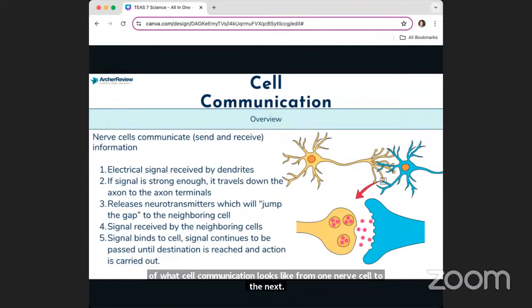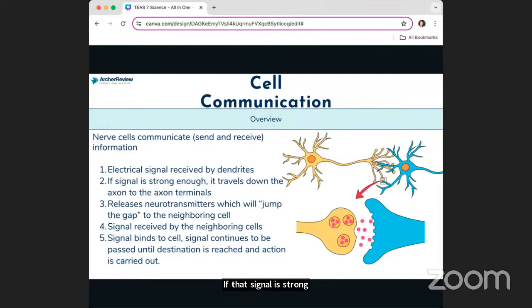So first, the electrical signal is received by the dendrites. If that signal is strong enough, it will travel down the axon, that length of the neuron, until it hits those axon terminals.